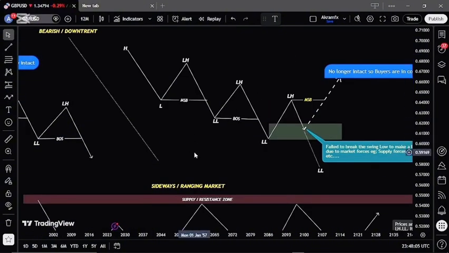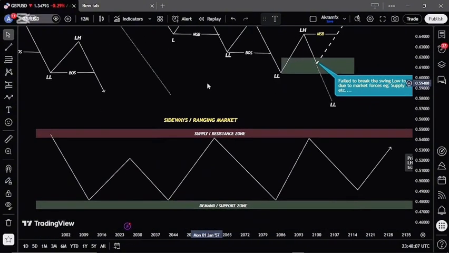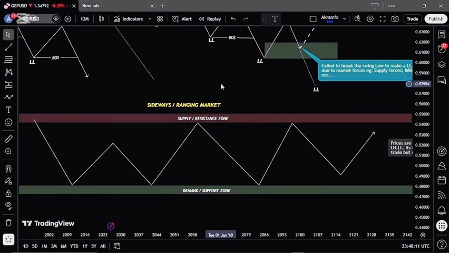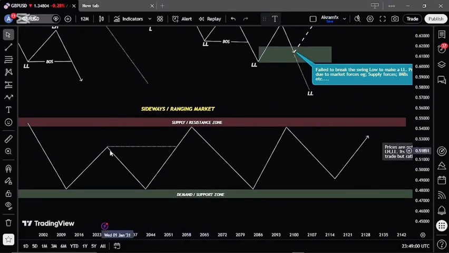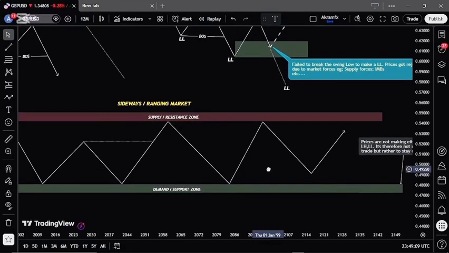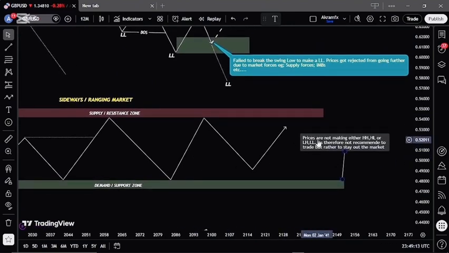Now another thing, we have the sideways or ranging market, and this is the type of market where the market does not decide whether it's going up or downwards. So instead, prices kept on ranging within a certain high price and a certain lower price. So the moment you see this in the market, where the market is not deciding, then just know that you as a trader, you gotta stay out of the market.